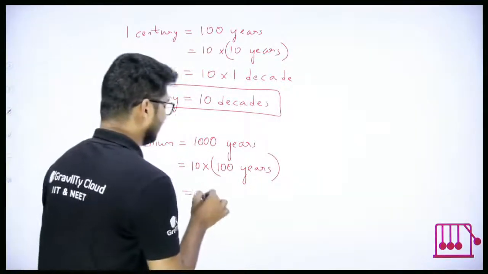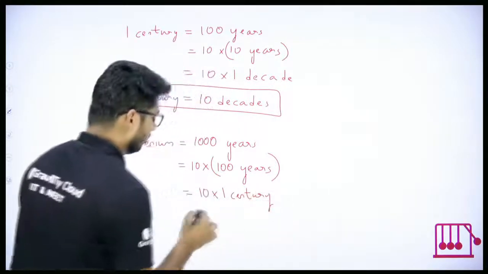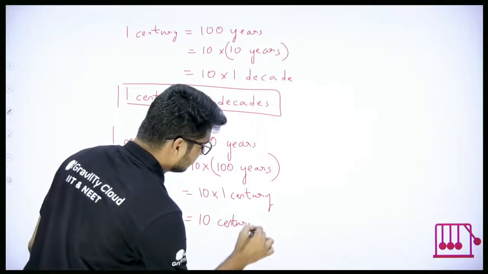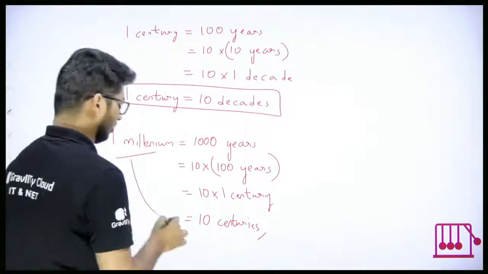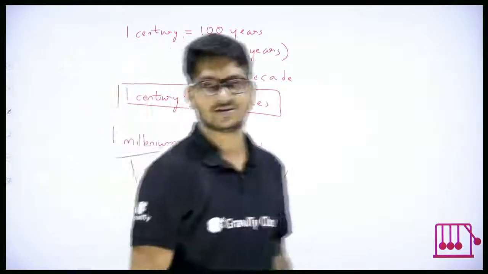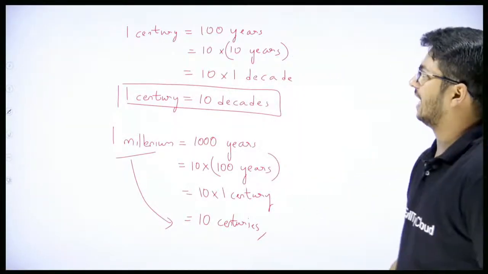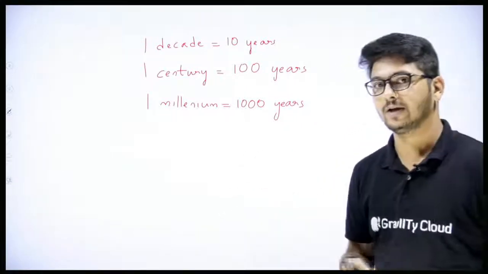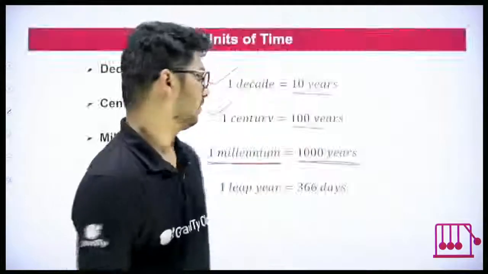So it is equal to 10 into 1 century. 10 into 1 is 10. So it is 10 centuries. Clear? So 1 millennium is equal to how much? 10 centuries. Got it? Good. So you have 1 decade, 1 century and 1 millennium.